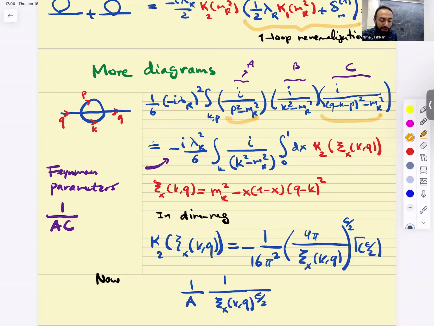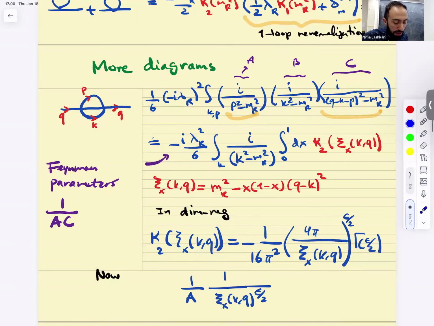So here, if you recall, the way we did this is we introduced Feynman parameters for 1 over AC. It came at the cost of introducing a new variable x from 0 to 1, and then we defined the shifted sigma x, all of that song and dance. I'm not going to redo it, but this is the correct expression, right? So you have this expression, this, and this.